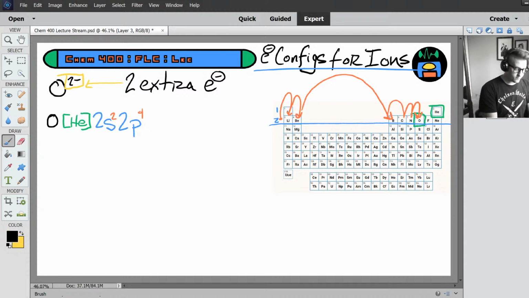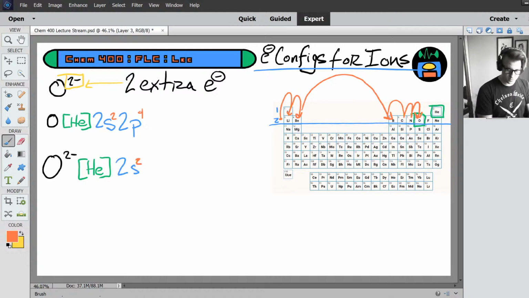So for oxide, the anion, we're still going to have that helium core. We're still going to have 2s2. But now, where oxygen, the neutral atom, has 4 p electrons, we have 2 additional. So this will be 2p6. And this is the electron configuration for the oxide anion.